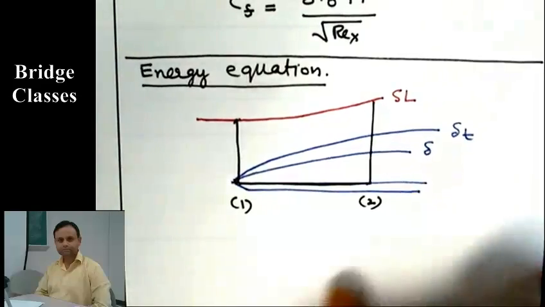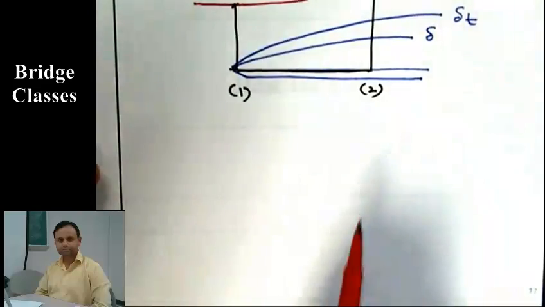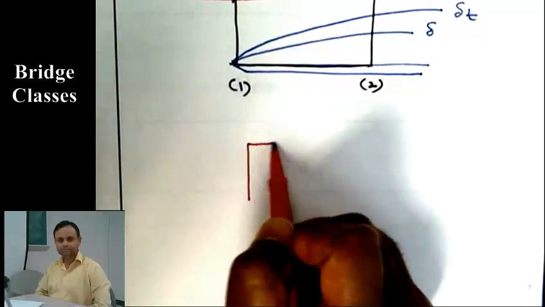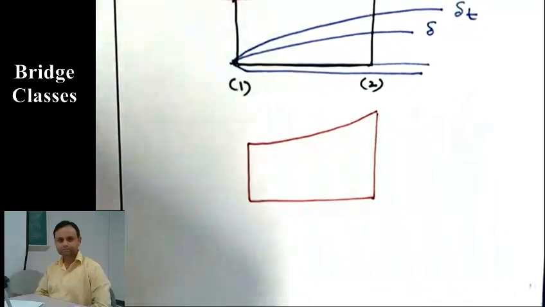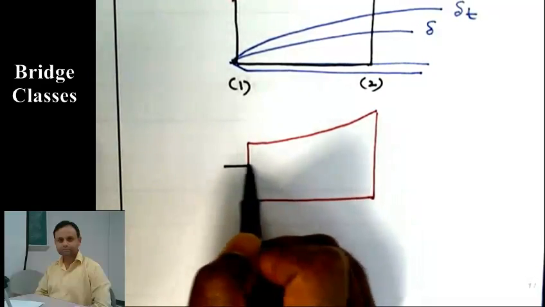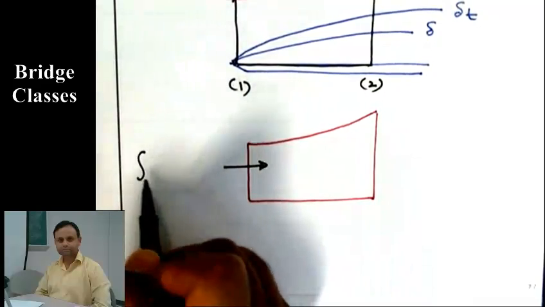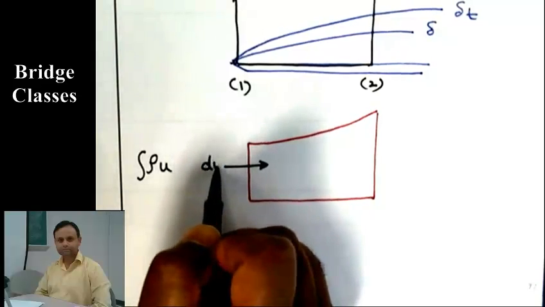Now let me draw this control volume again and we'll write what the energy terms are. This is the control volume. There is advection here, and that term will be rho u dy.